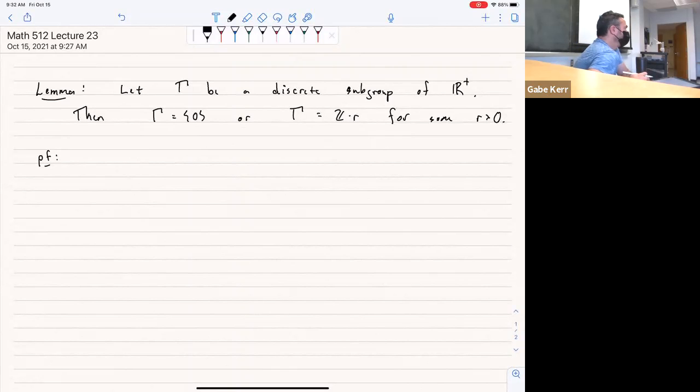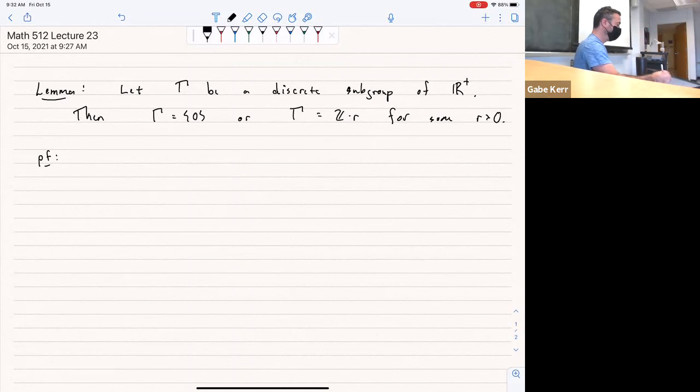The proof is basically like the one we did for Z, except it's a little different. We don't use the division algorithm, but we find a minimum of something and then show that everything is generated by that same element.